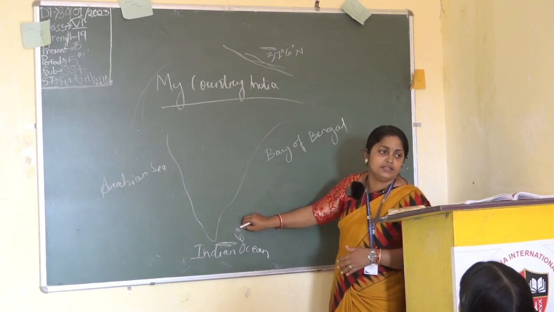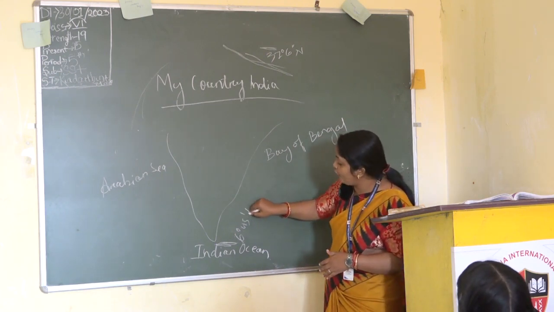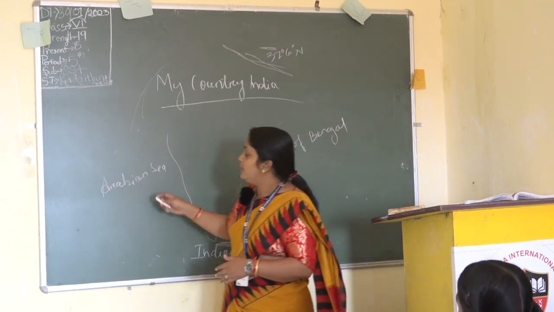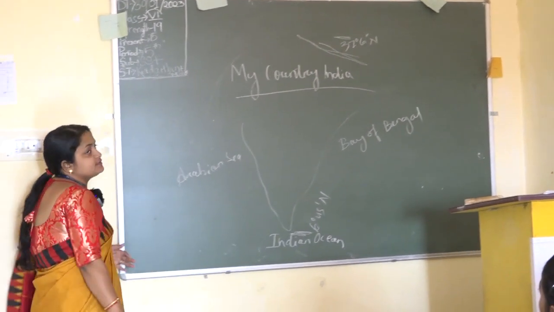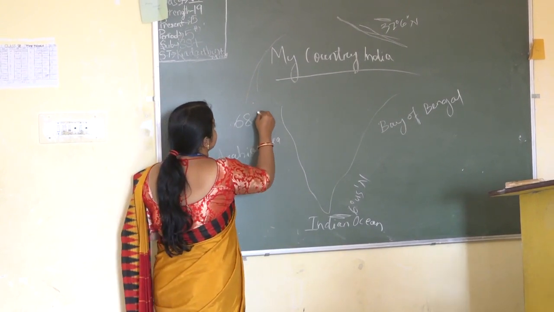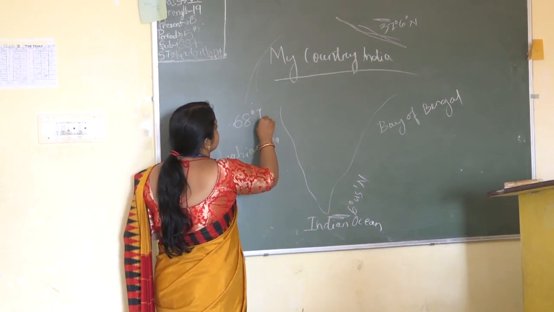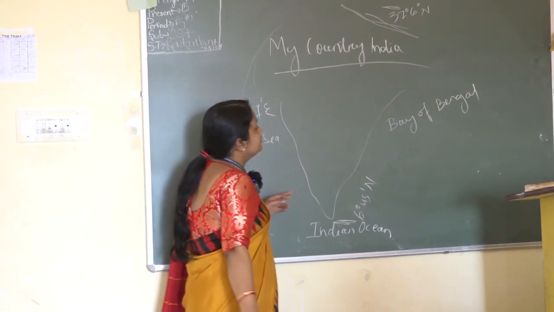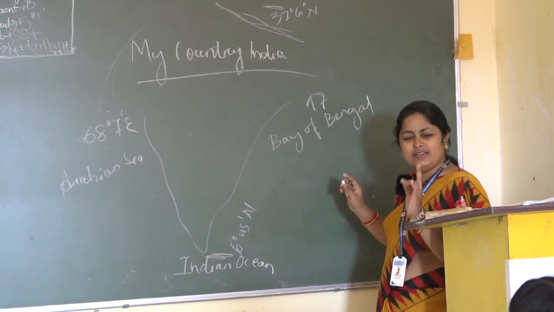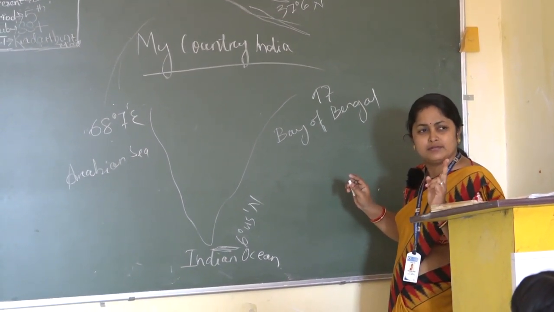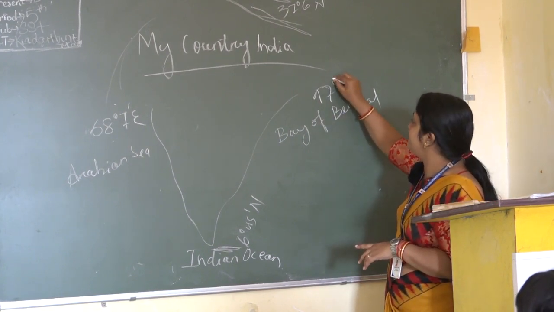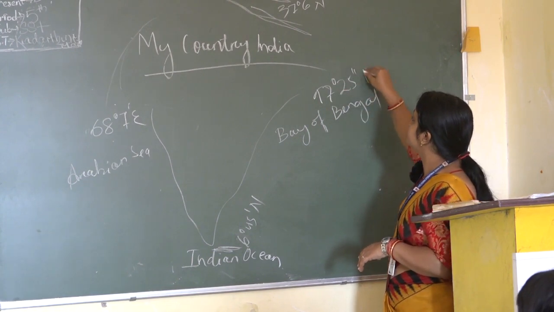6 degree 45 minutes north to 37 degree 6 minutes north, and from western to eastern it is 68 degree 7 minutes east to 97 degree 25 east.